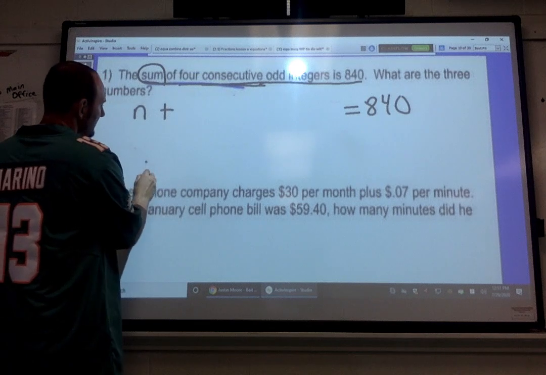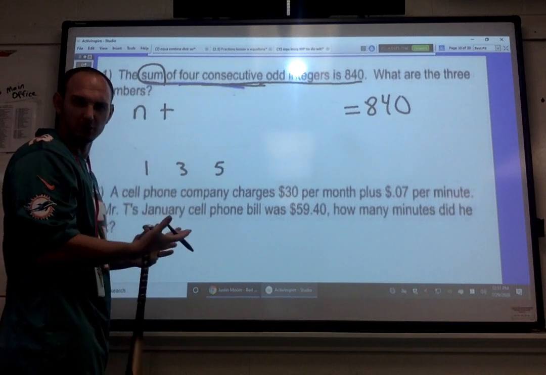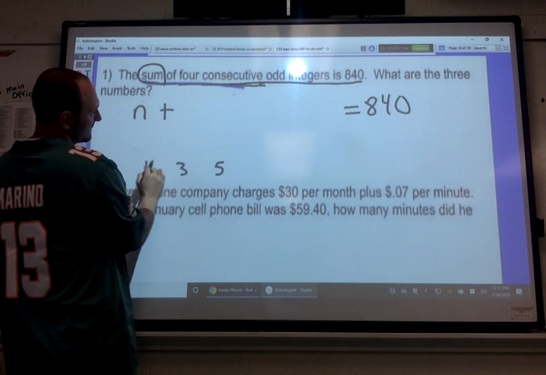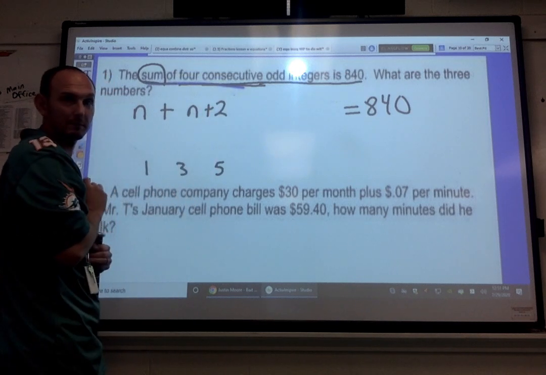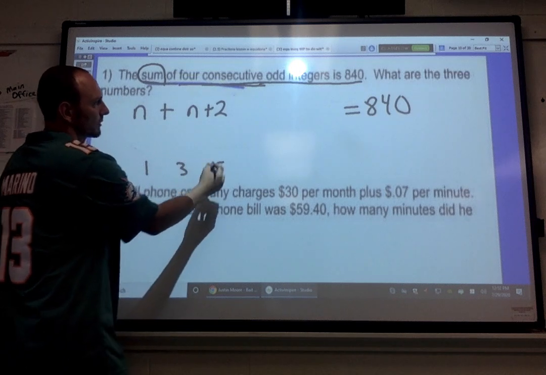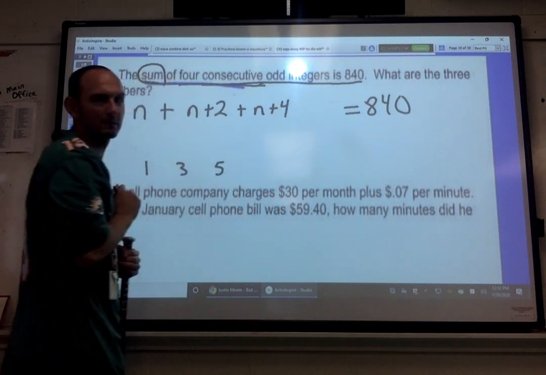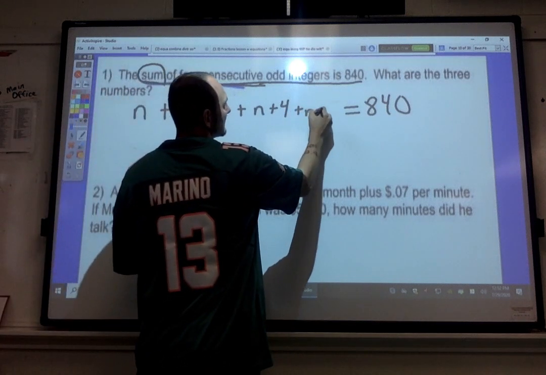Well, how far away is 1 from 3? How many numbers? Like 2 spaces away? So if that's the first one, the second would be the first number, but you add 2 to it. The next odd number would be 4 away. So it's like taking the first one and adding 4 to it. And then the next one would be like that, with adding 6.